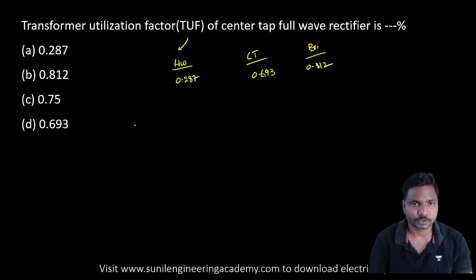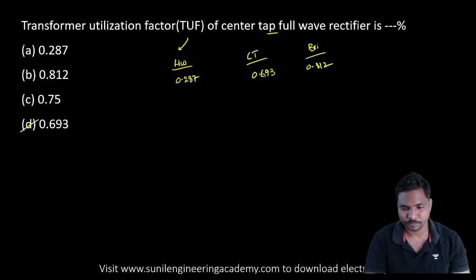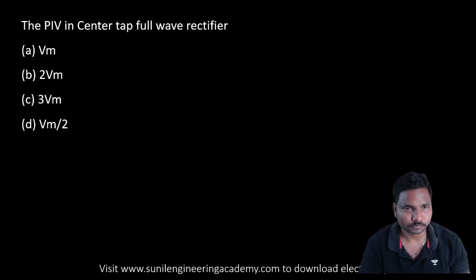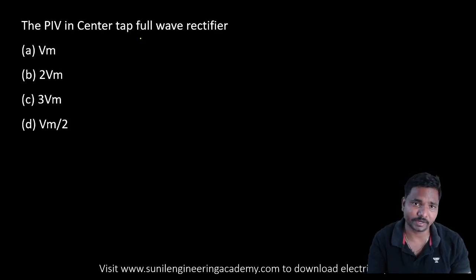So for center tap full wave rectifier it is 0.693, so the answer is option D. Coming to the next question: the PIV in center tap full wave rectifier. I have already given the PIV for center tap. The requirement is higher, nearly 2 Vm. So the answer is option B.